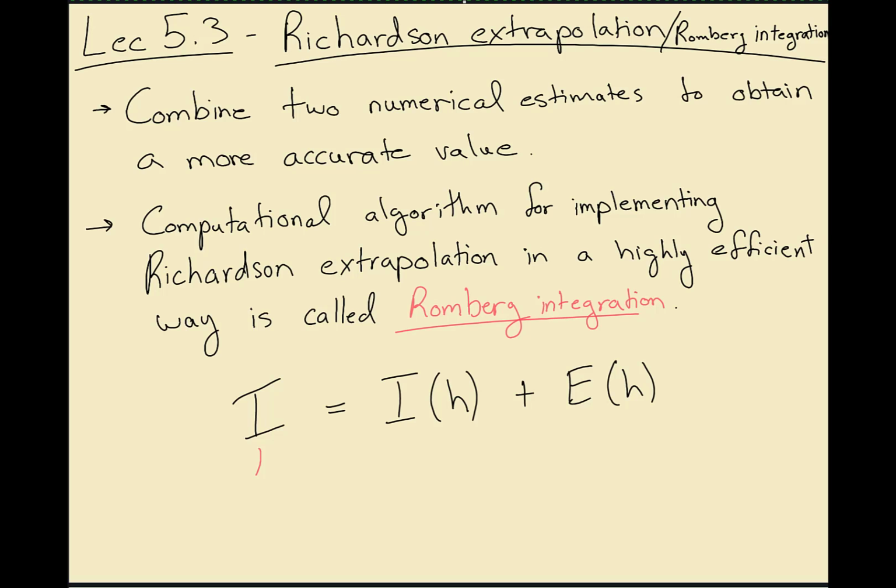So here we have the exact value of the integral. Then here we have the estimate of the integral at step size h. And here we have the truncation error for that method.